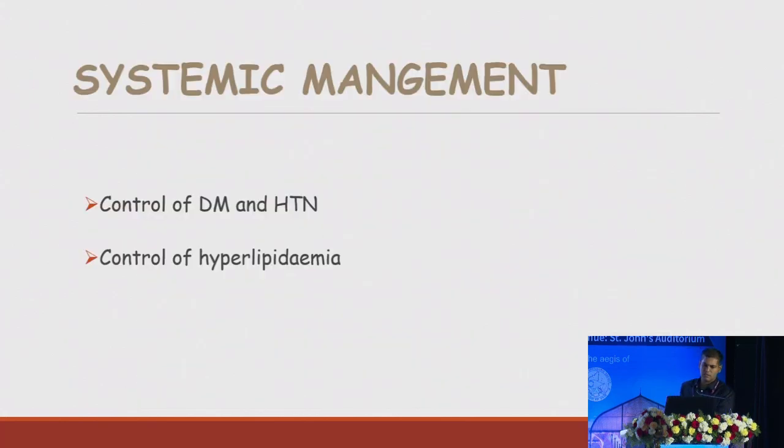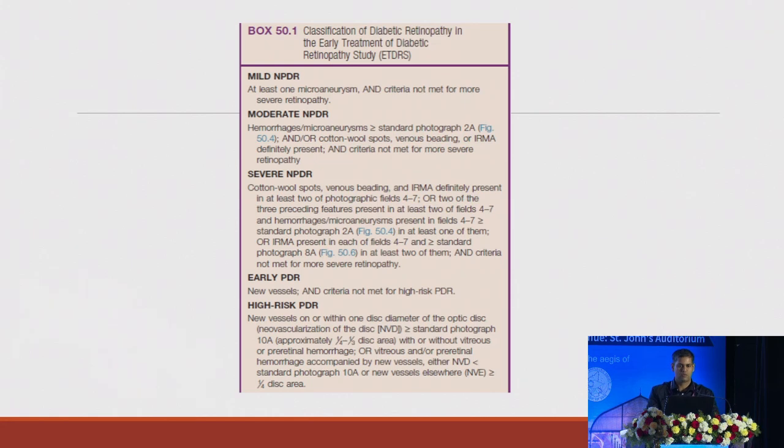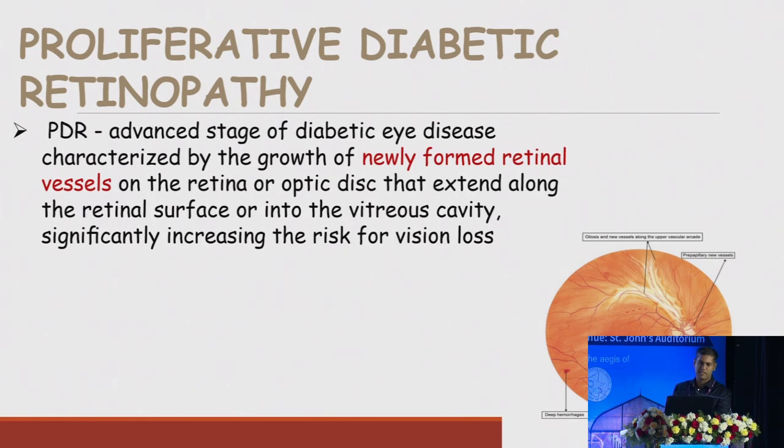Before we start the local management of proliferative diabetic retinopathy, we have to first control the systemic parameters. So control of diabetes and hypertension and hyperlipidemia is of utmost importance. Diabetic retinopathy is classified into mild, moderate, severe NPDR and PDR. I'll be focusing on PDR.